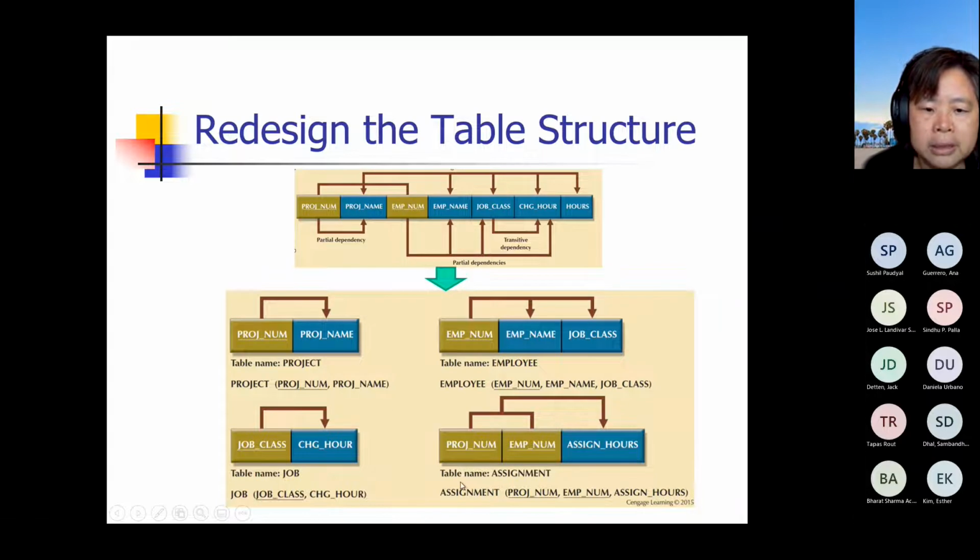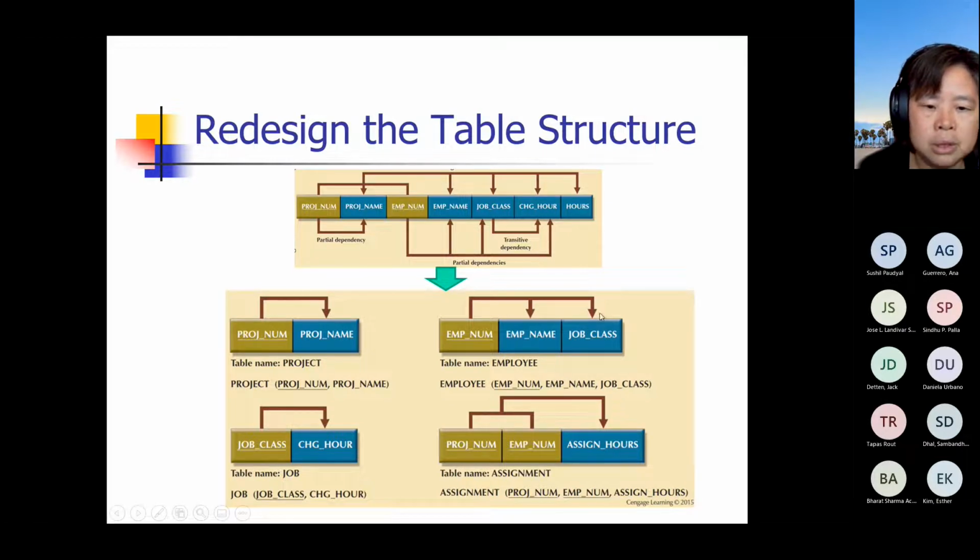If you look at the design we have here, project number shows up in two different tables, right? This table and this table both should have a project number, and the employee number is also in two different tables, same information, and the job classification is in the same table. So for that reason, having an ID for the job classification will be better than the description.